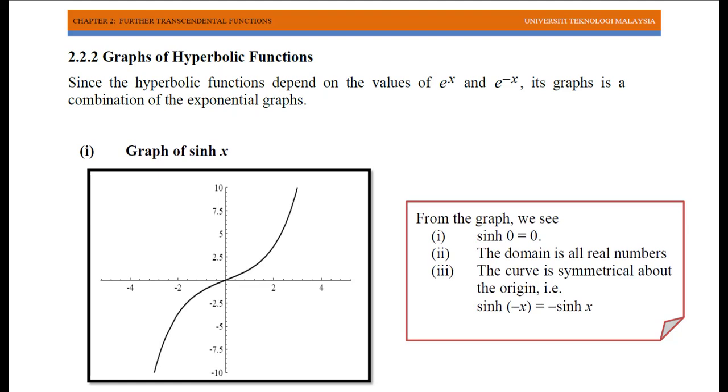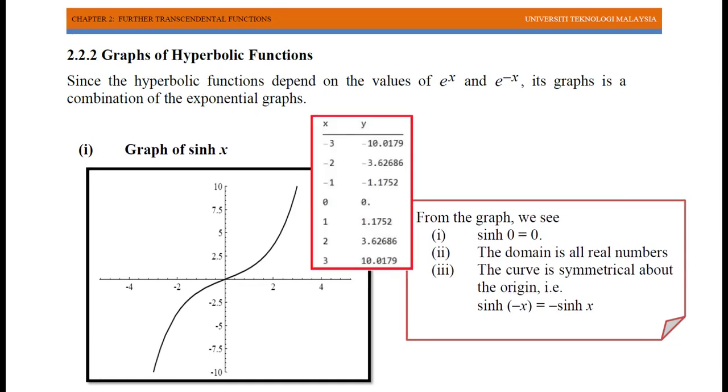So we look at the first graph, which is sinh x. Okay class, when you want to plot sinh x, you substitute values of x and you will get the value of y. Let's say negative 3, you get negative 10.